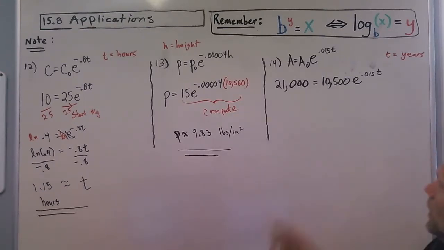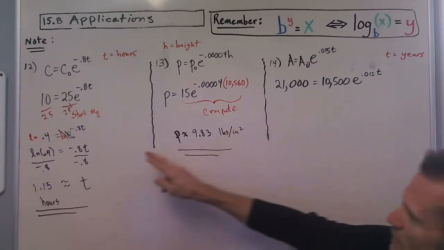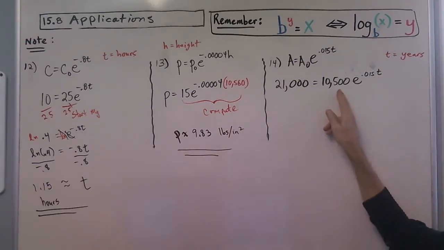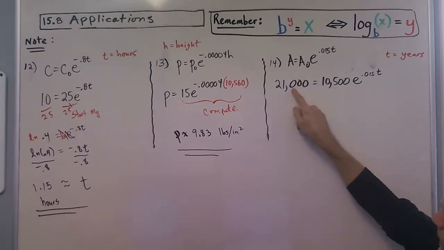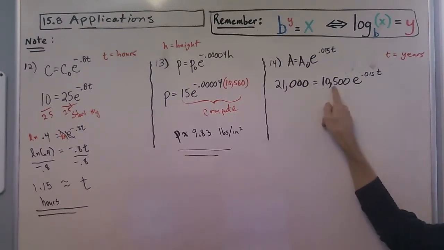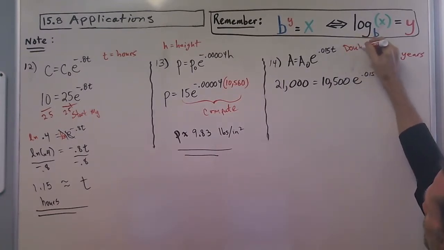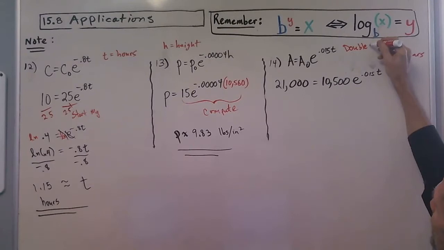And then this last problem here, you can see we're solving for t again, so it's going to be similar to this problem. I specifically made this number double whatever that number is, because sometimes you'll hear them talk about double time or the doubling time.